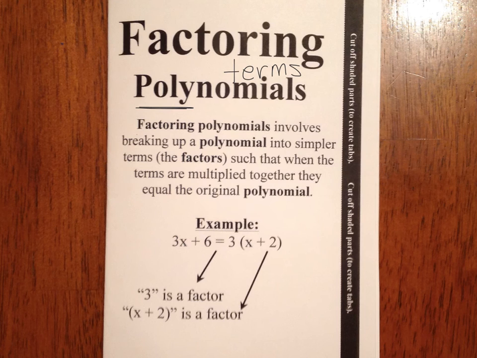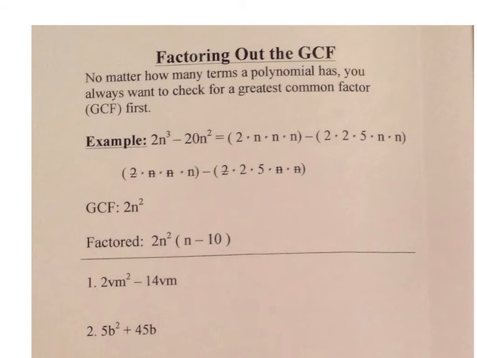So I factor the 3 out. I think, 3 times what would give me 3x, and that's an x, and then positive, so I copy down the plus, and then 3 times what would give me 6, and that's a 2. In this case, I have factored 3x plus 6. So 3 is considered one factor, x plus 2 is considered another factor.